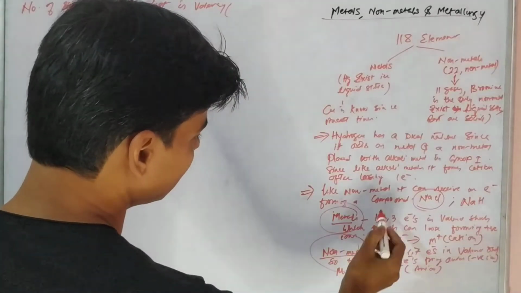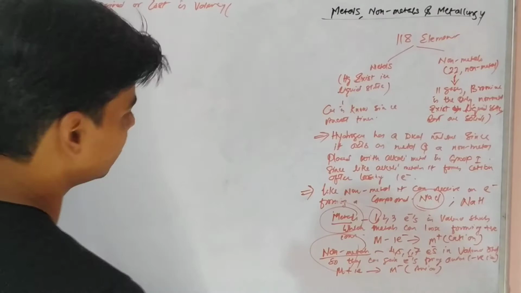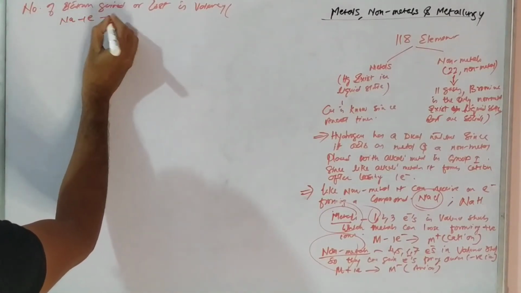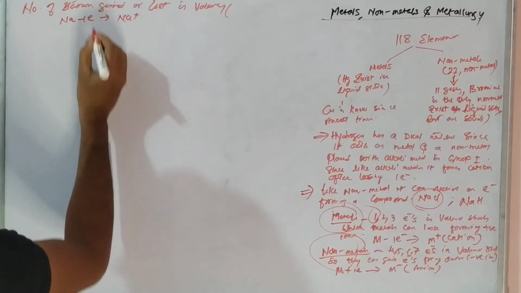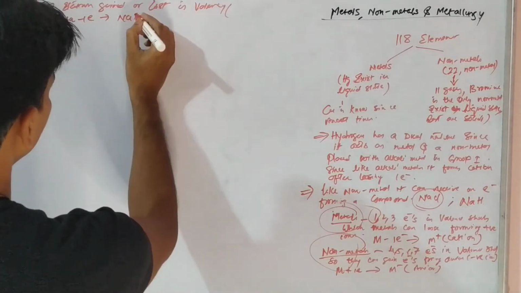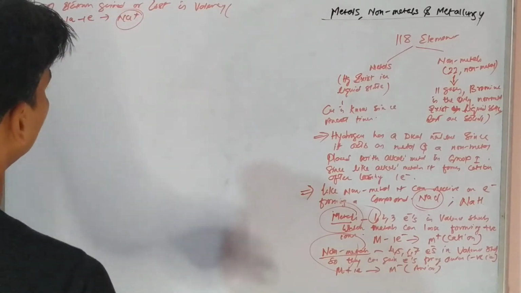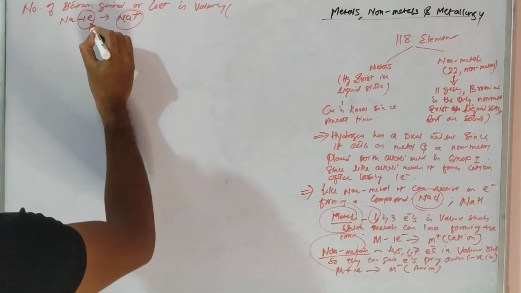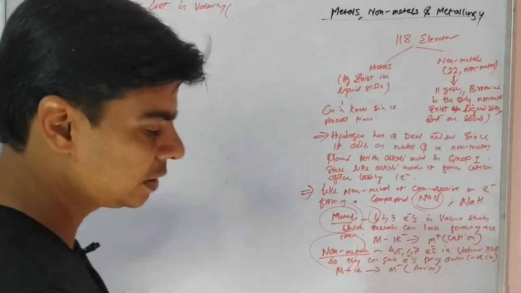Since sodium, for example, can lose 1 electron to form a sodium ion, we say the valency of sodium is 1, right? Since it can lose 1 electron, it can give this electron to some other element, combining with it.